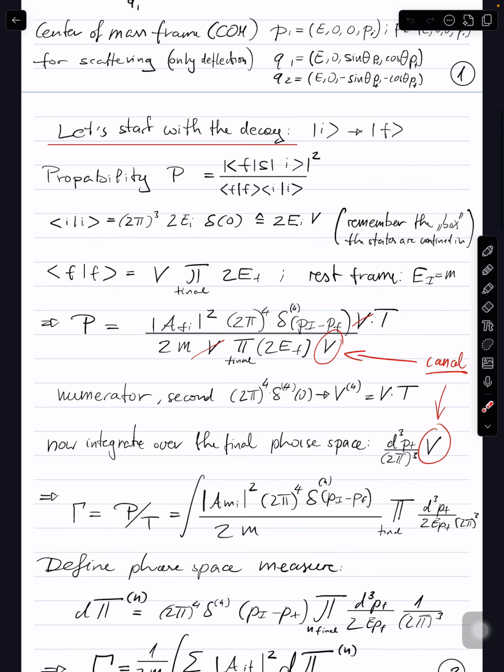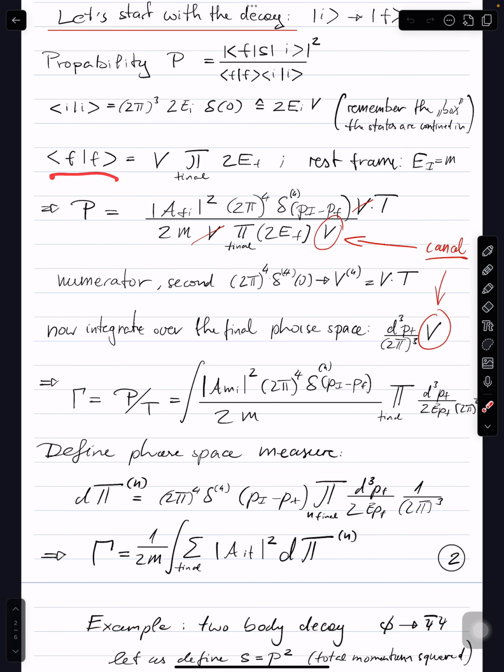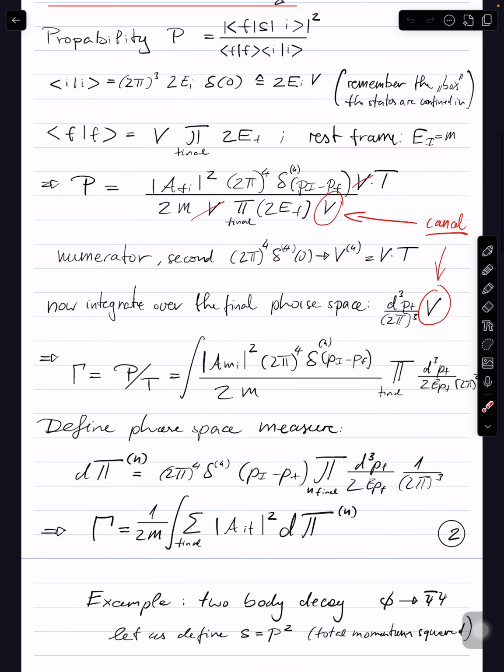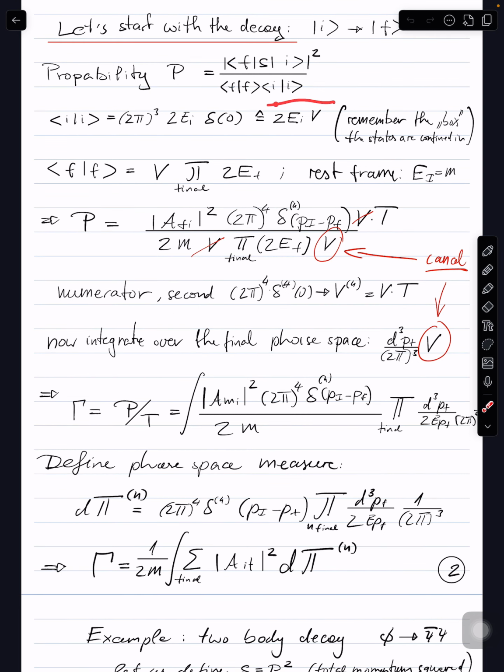It's just 1 energy. Here, the final particles might be plenty, so we have to take the product of all in the normalization of all possible final state particles. And another key simplification is that in the rest frame, the energy of the initial particle is just the mass of that particle. Now let us evaluate this object here.